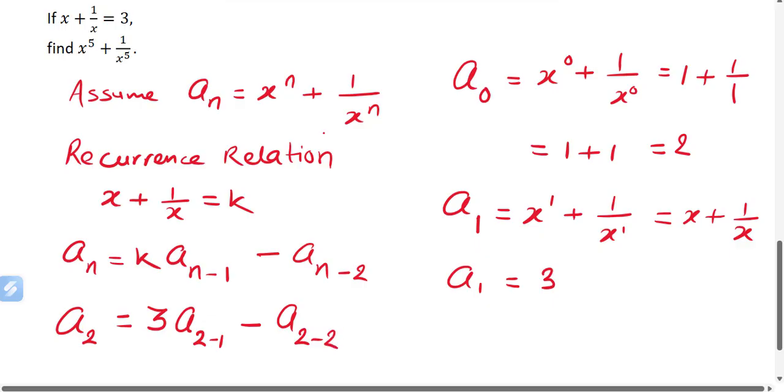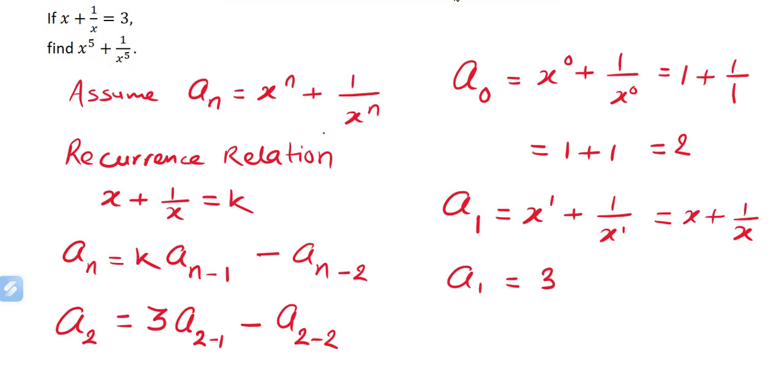Once again, this is the value for k. The value of k comes from this recurrence relation, but k is equal to whatever value is given here. In this case, 3 is given. So this k is replaced by 3.